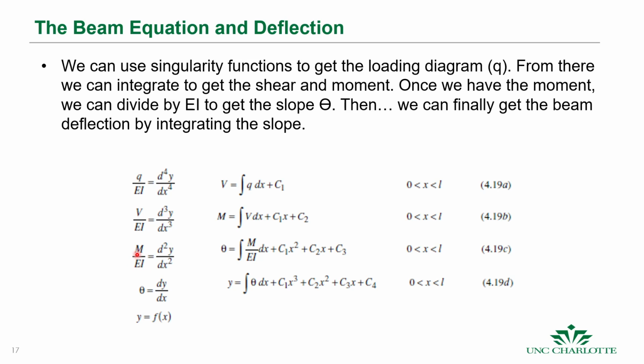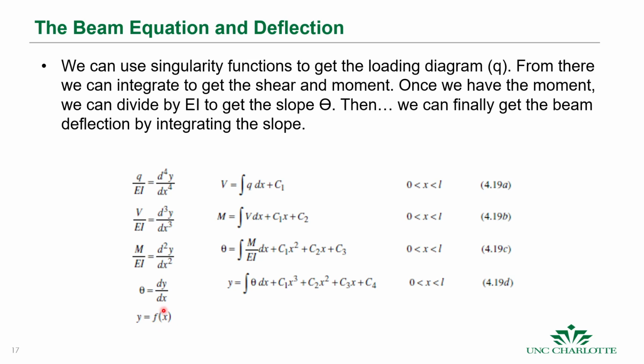If we integrate the moment diagram divided by EI for the beam, where E is the Young's modulus and I is the moment of inertia for the beam cross section, then we can get the second derivative, and we integrate that again, and we get the slope. And if we integrate that again, we get the deflection.